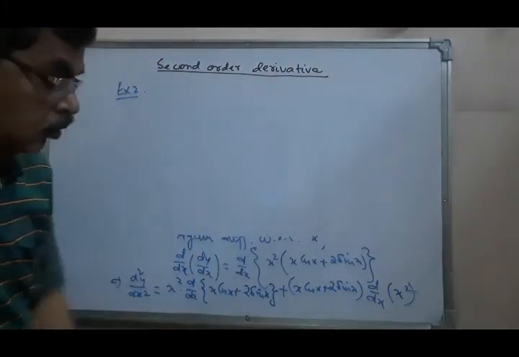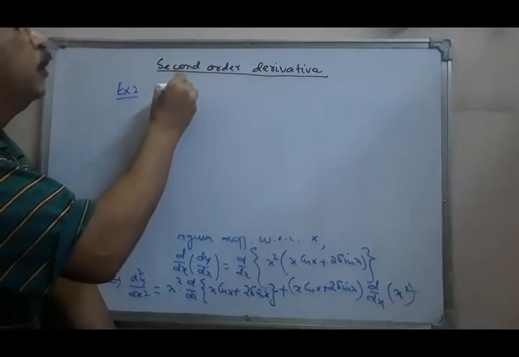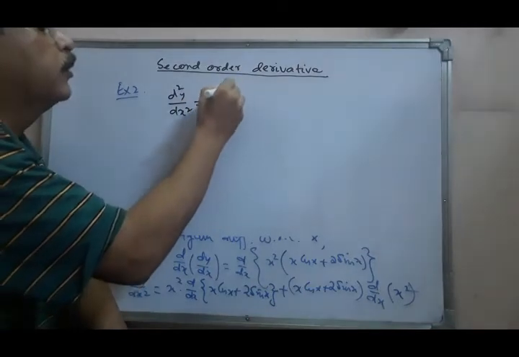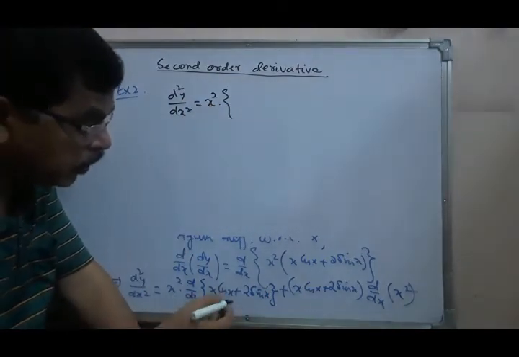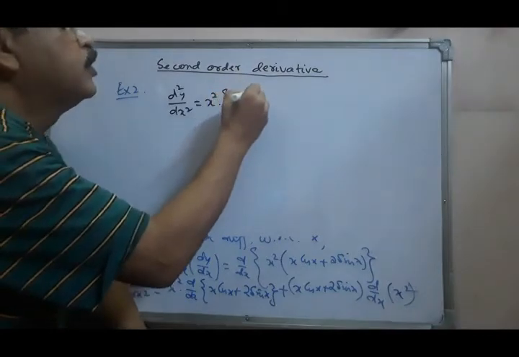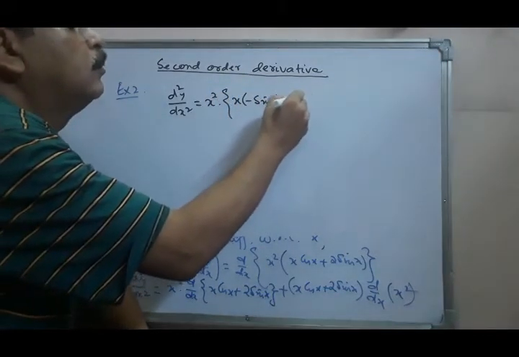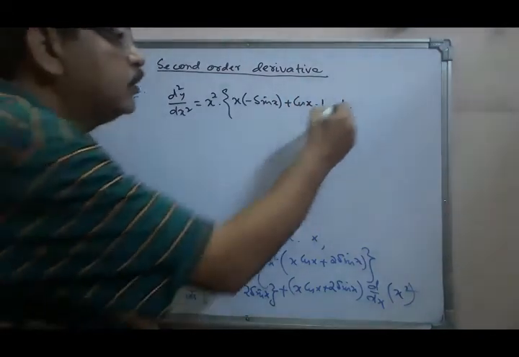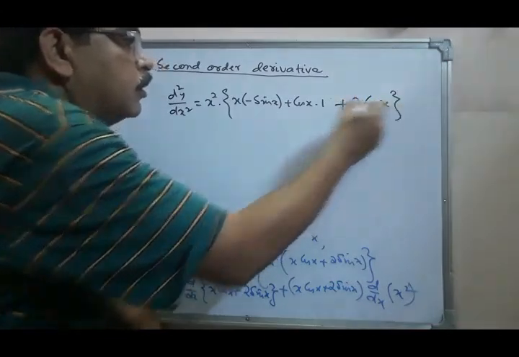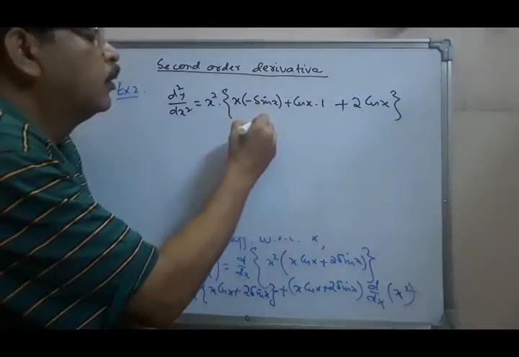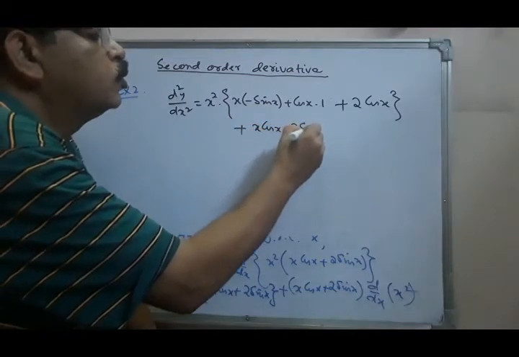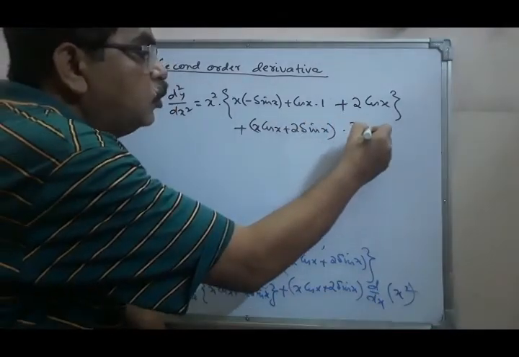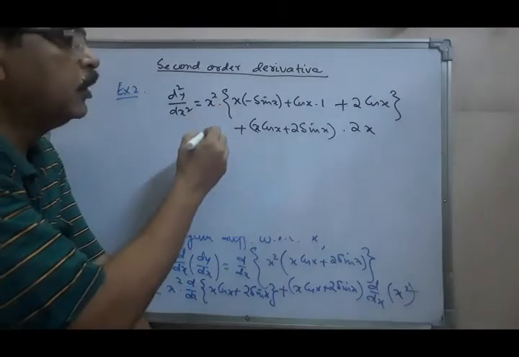So now, how to continue? We have d2y by dx2 equal to x square. Now it is the product function again. So therefore, x into minus sin x plus cos x into 1, plus derivative of 3 sin x is 3 cos x, plus (x cos x plus 3 sin x) into derivative of x square, which is 2x. So further what we are getting?